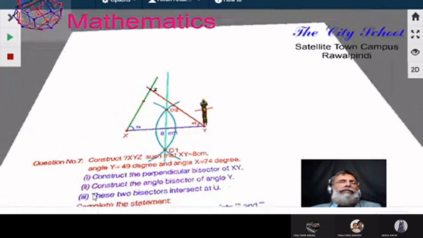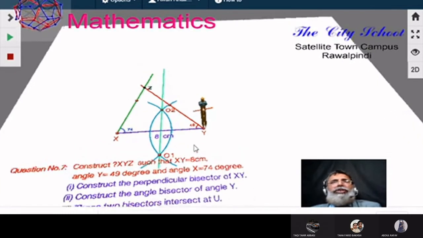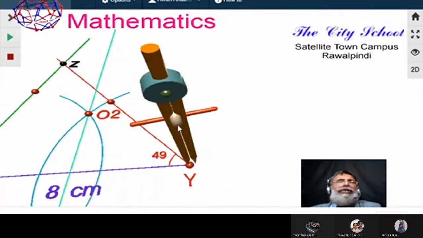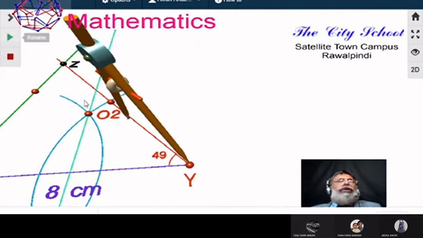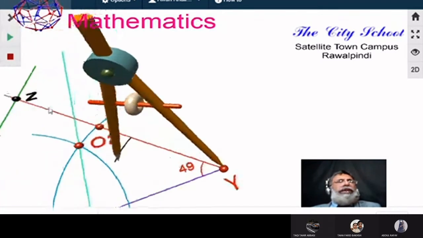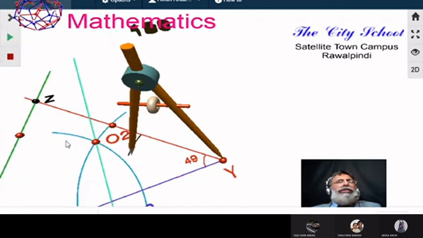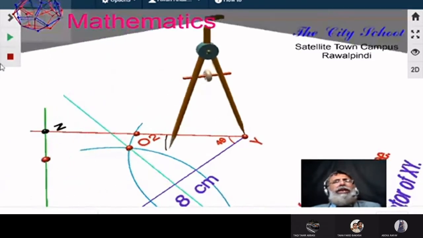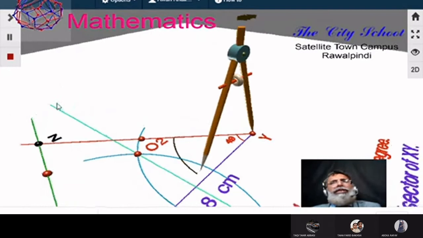Now let's see the second part of the construction. It says construct the angle bisector of angle Y. So we'll be reaching angle Y, and using the compass we'll be drawing an arc touching the two lines which are making the angle. The first arc touches the first line of angle YZ, and now we are drawing an arc touching the other side of the triangle.